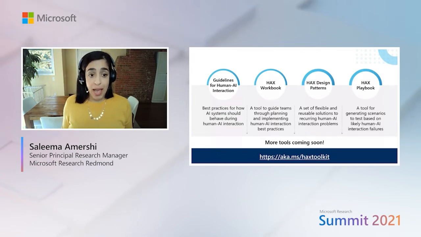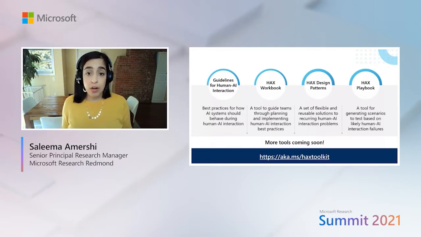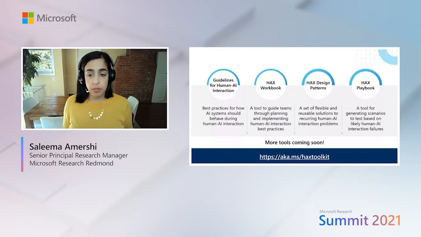The HAX Design Patterns are a set of flexible and reusable solutions to recurring human AI interaction problems. So these are about how to implement human AI interaction best practices. And then finally, the HAX Playbook is a tool for generating scenarios to test based on likely human AI interaction failures. So I'm going to briefly go over each of these.